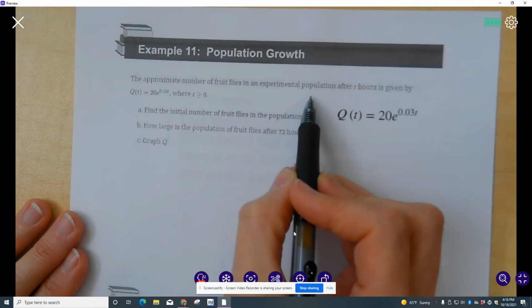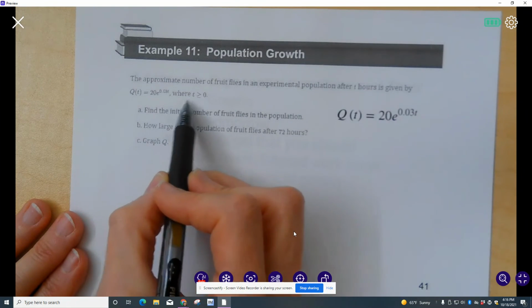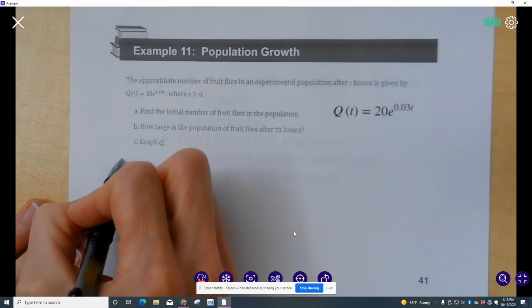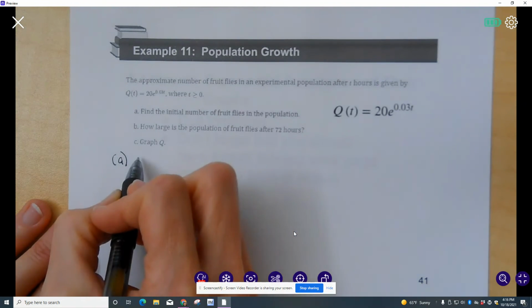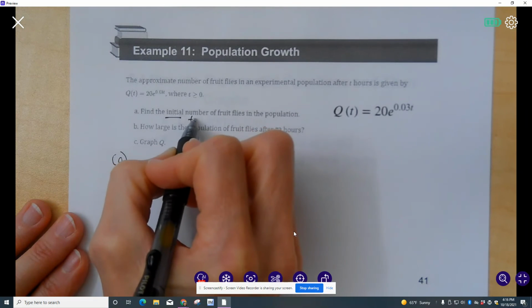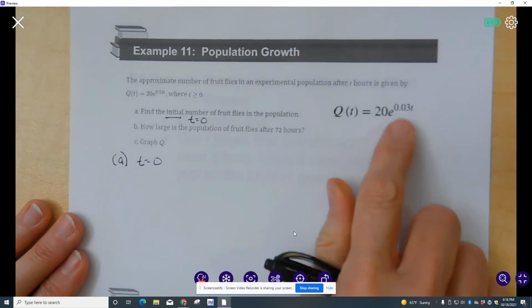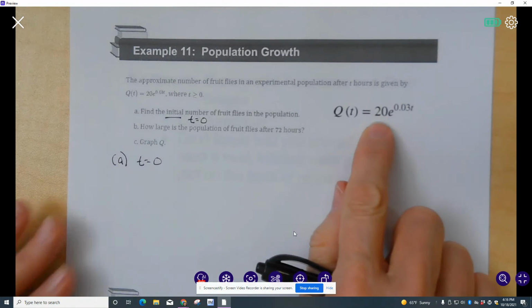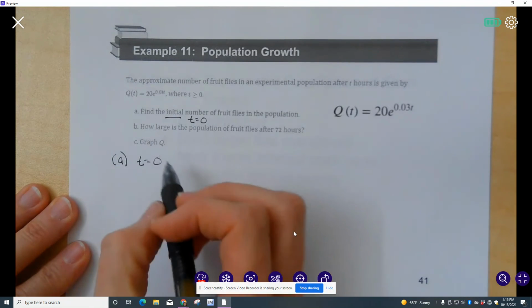So this is looking at fruit flies after t hours, given by this function. They say time is always positive, which makes sense. It says find the initial number of fruit flies. So initial means t is 0. I already know if t is 0, they're asking for my initial amount, it's going to be 20. It's just like the one we just did, but we'll fill in the equation.